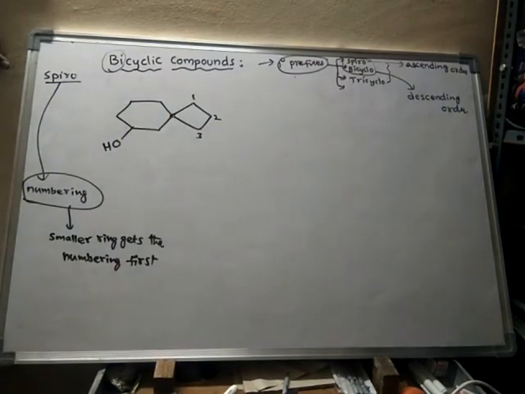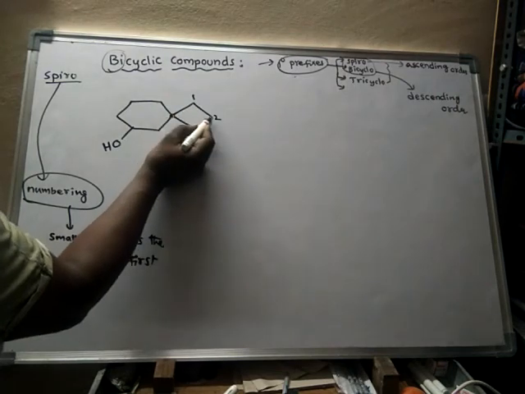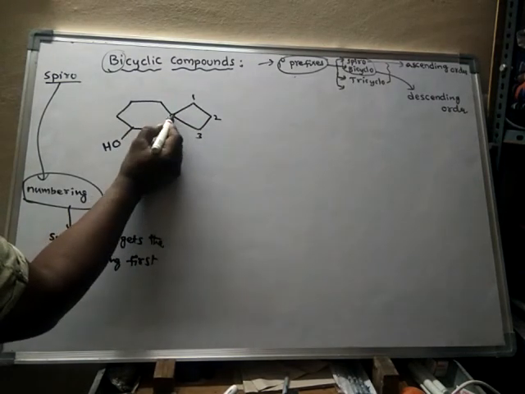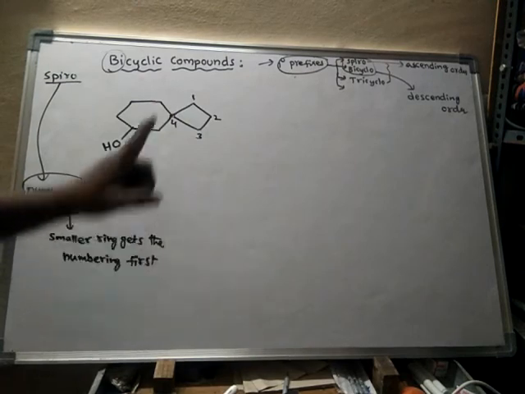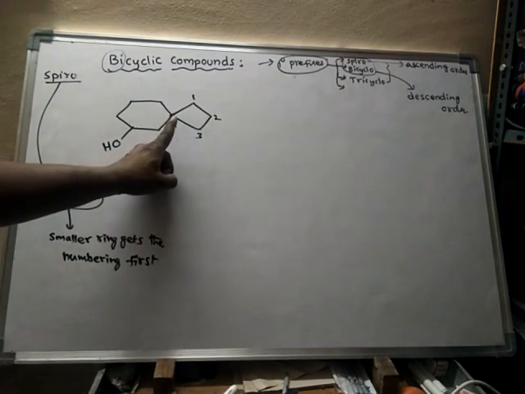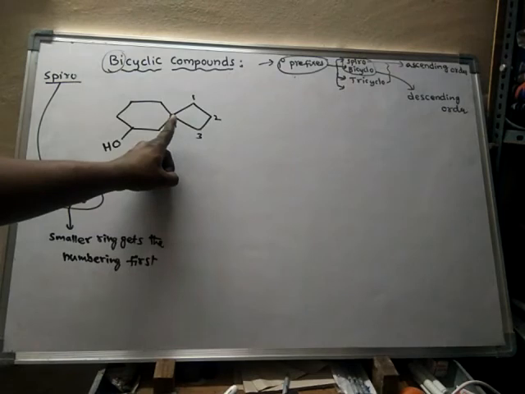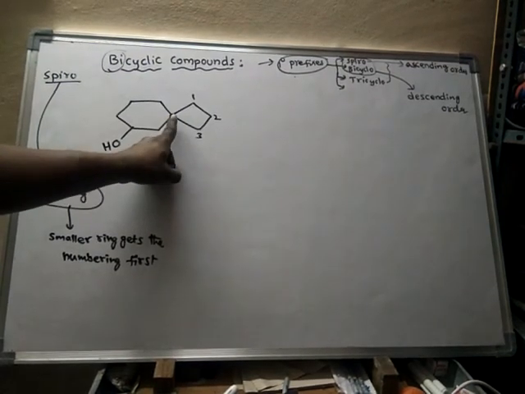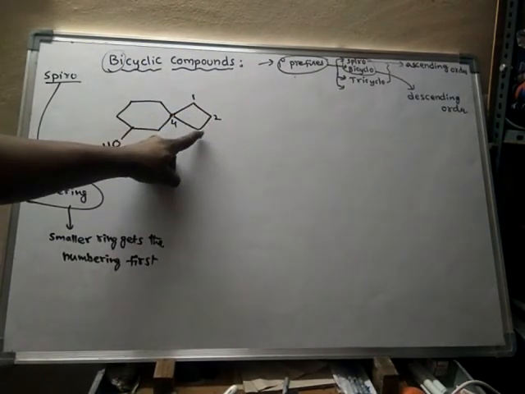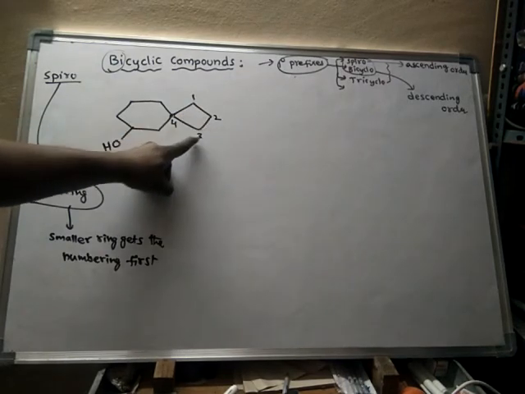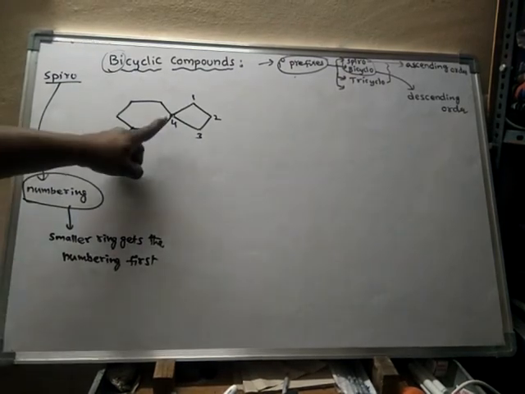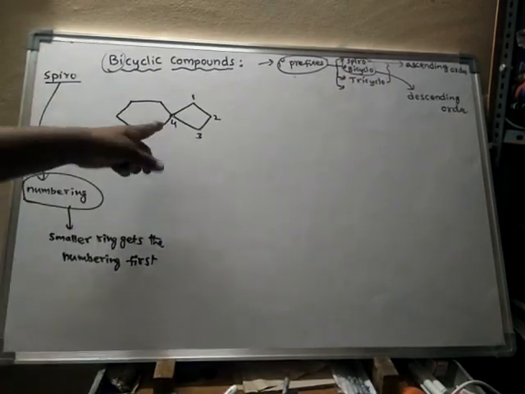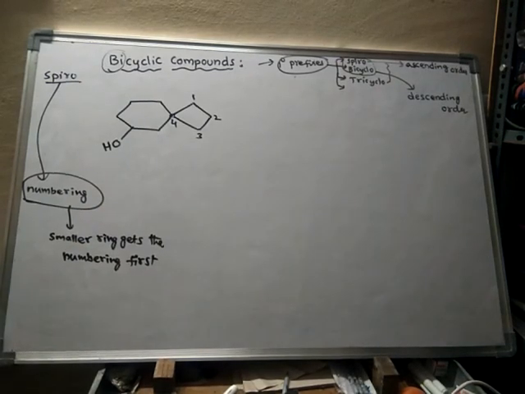With the completion of the smaller ring, the spirocarbon center gets its number. The numbering should not start from the spirocarbon center; it will get the last number in the smaller ring. Now the numbering will continue.